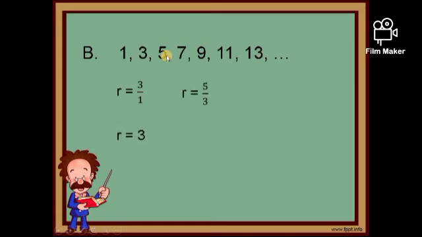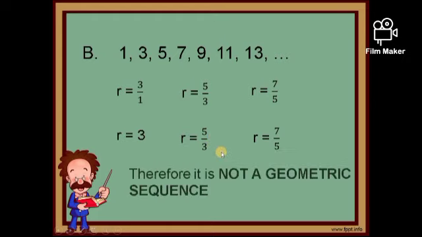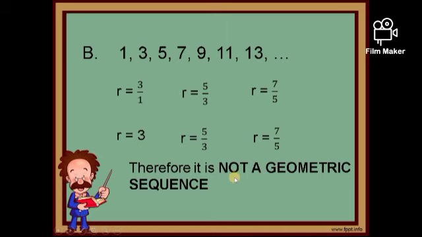Third term divided by the second term, 5 divided by 3, is 5 over 3. And then the fourth term divided by the third term, 7 divided by 5, is 7 over 5. Now, since 3 is not equal to 5 over 3, is not equal to 7 over 5, it is not a geometric sequence because it has no common ratio.